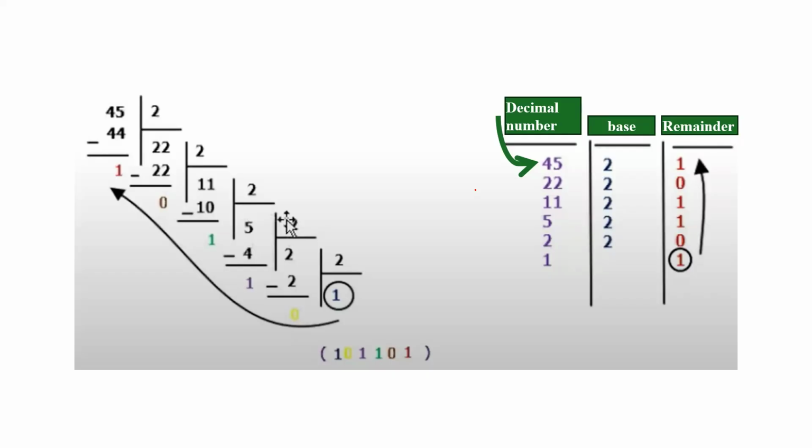Divide by 2 again, remain is 1. Last step, 1, and then 0. So we will write by starting with this result. Initially, you should put this result in here. And then here is the direction for these bits. 0, 1, 1, 0, and 1. Here is the result.